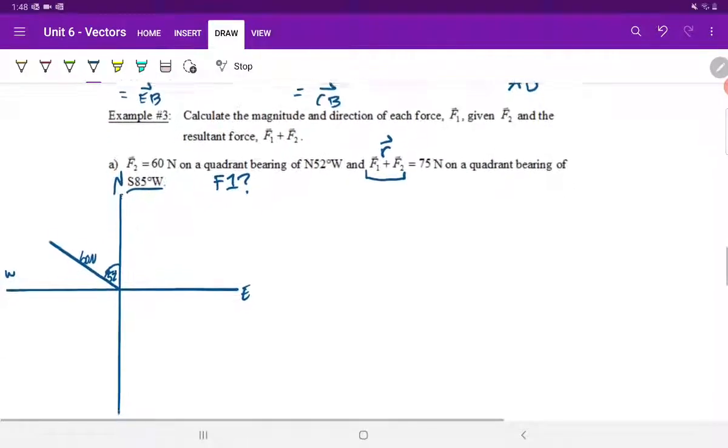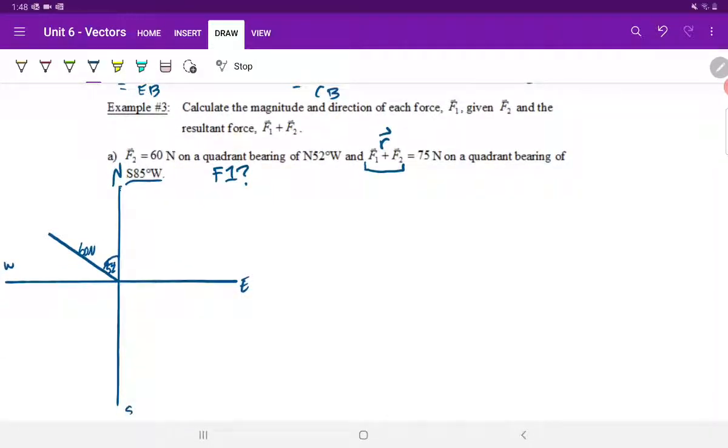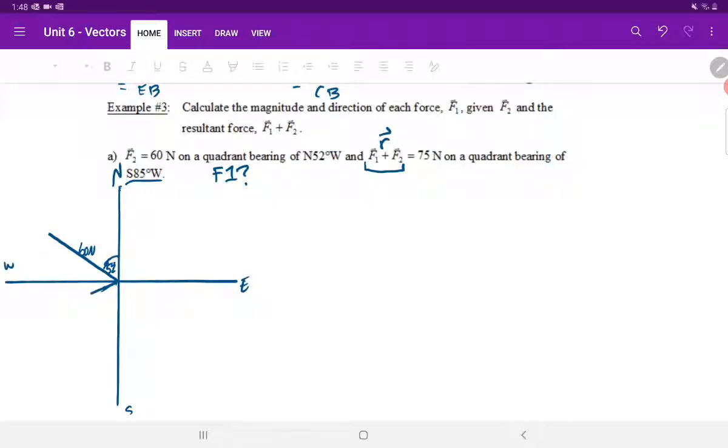So south 85 towards the west is going to be pretty close to the x-axis here. And it's 75 newtons, so it's slightly bigger than my other vector that's drawn. So this here is 85 degrees, and it is 75 newtons.